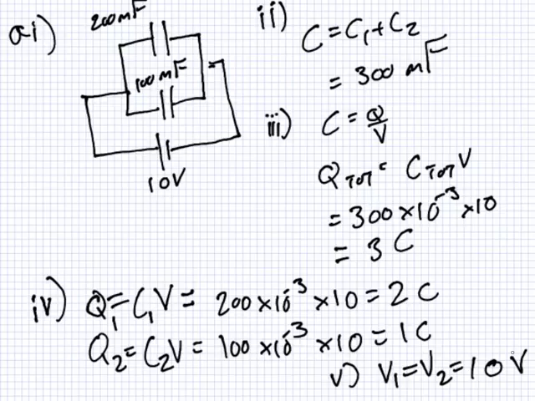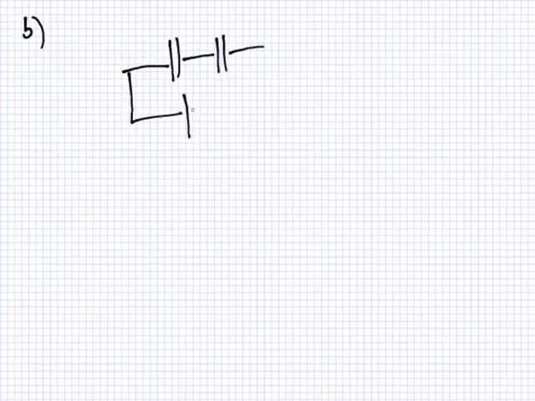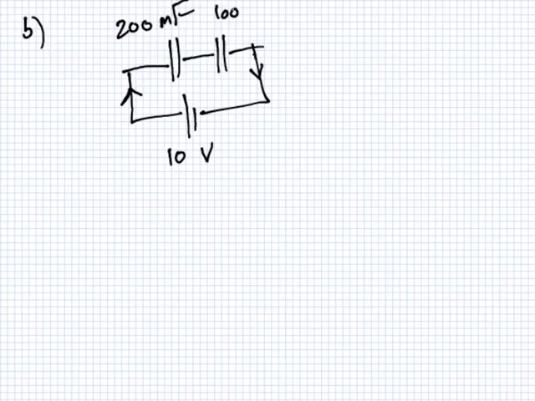Okay, continue. So the next one is exactly the same, except this time you put them in series. So you have 200, 100, and 10 volts. Okay, what was the first question? Oh, that was the first question. What's the second question?